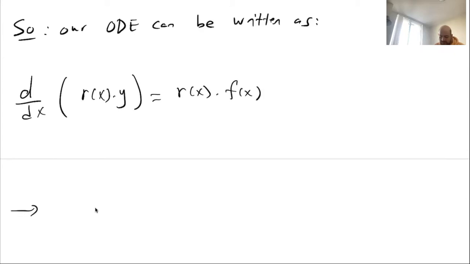So that means d/dx of e to power x squared times y equals e to power x squared times f of x.